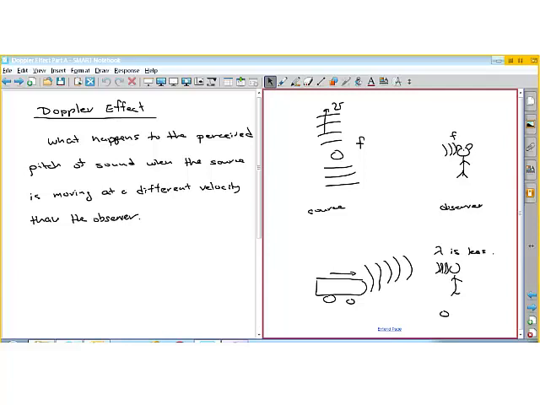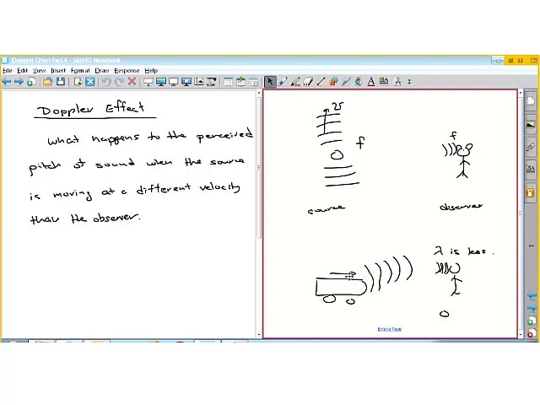And the person hears the same frequency as the source. Now, what happens when the source is moving towards the person is that a wave is sent out, but then the source is basically running after the wave. So the next wave that's sent out is actually closer together in the air relative to the stationary ground.